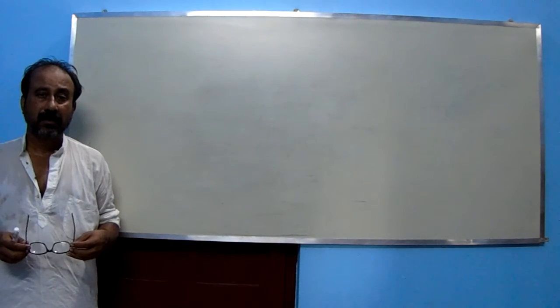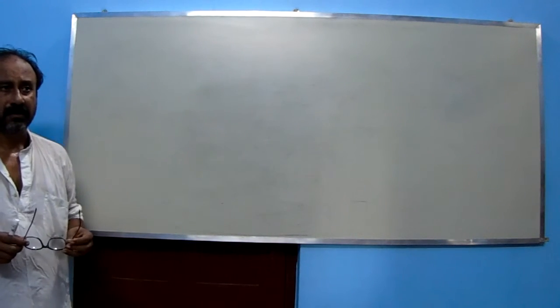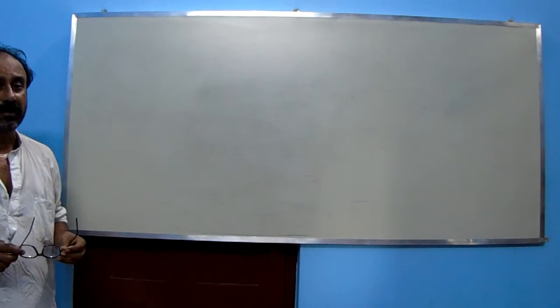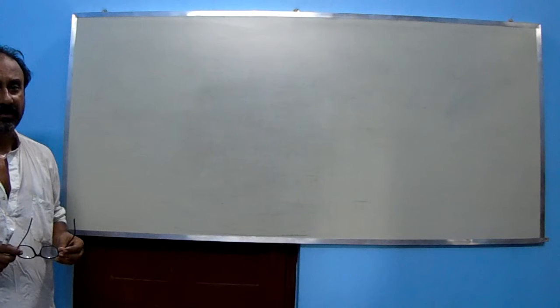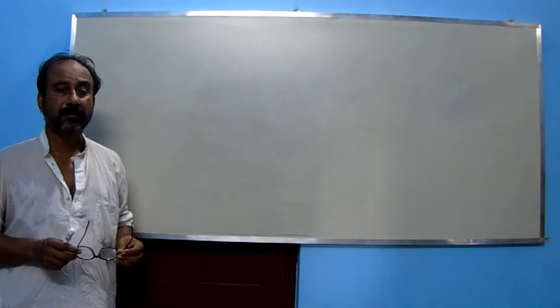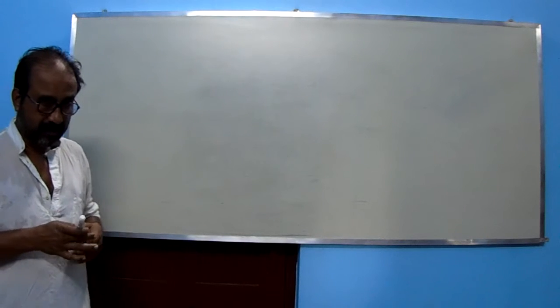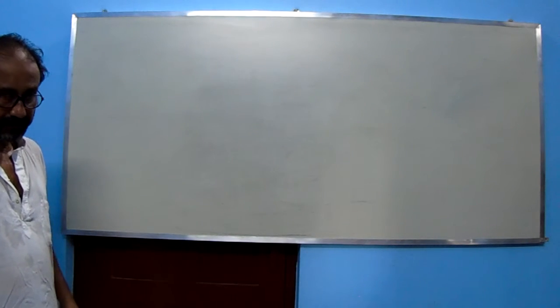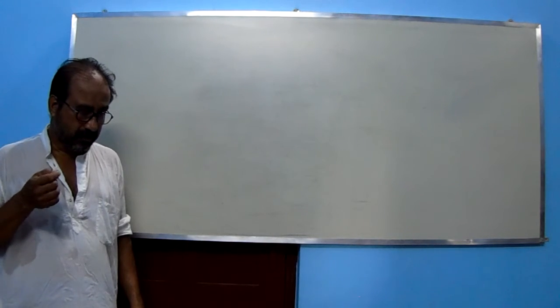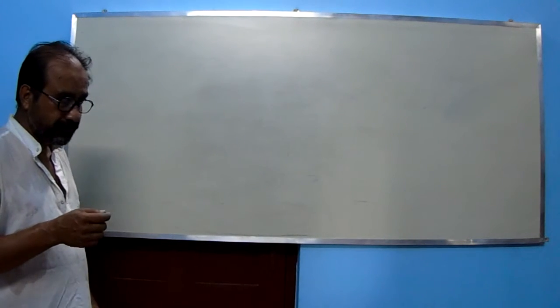Last class we had, I think, probably four trigonometry classes conducted. Now this time I am going to solve the math. Before that, some portion was not taught to you.